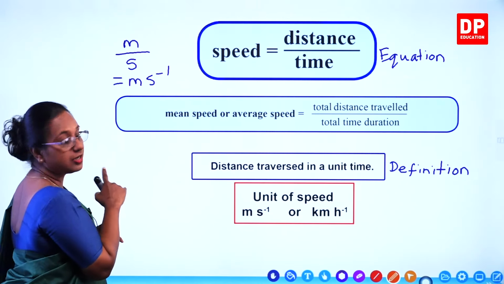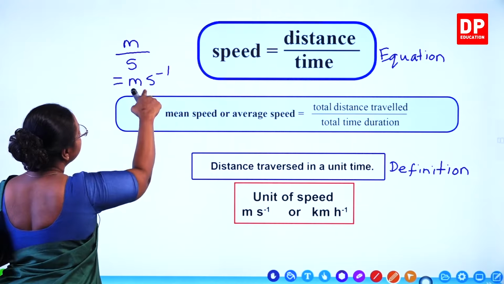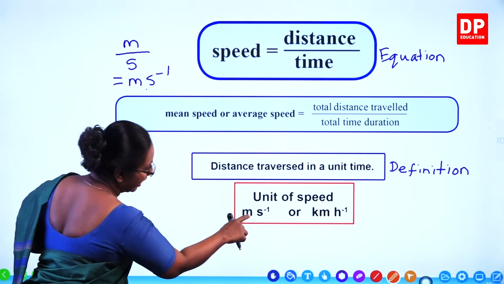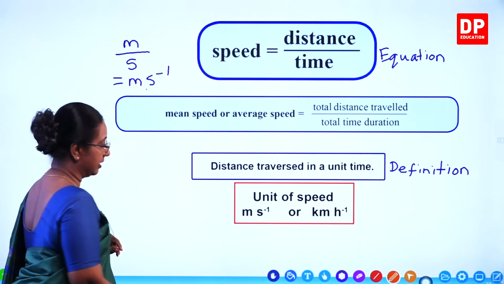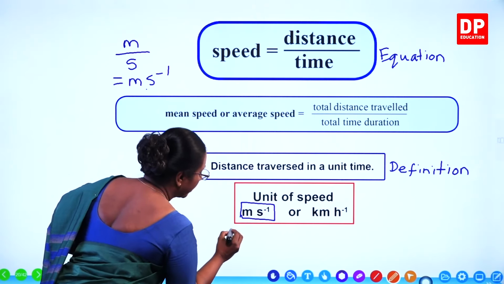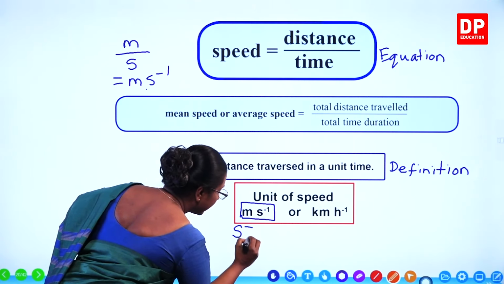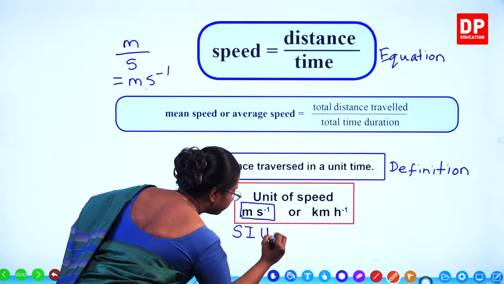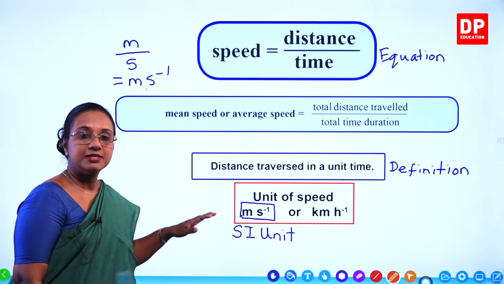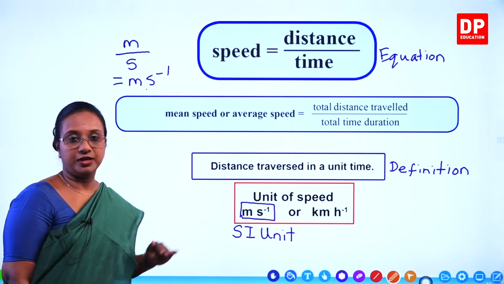And here, children, you have to remember to leave a small space between the two units as shown here. So this is the normal unit, or what we call the SI unit. Meters per second, the standard international unit.